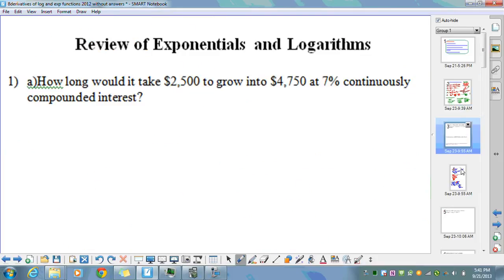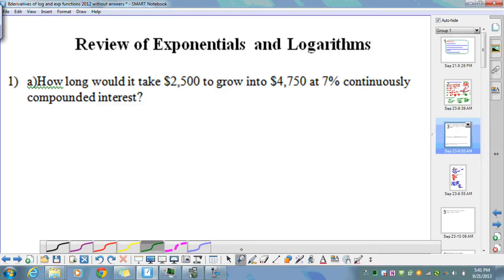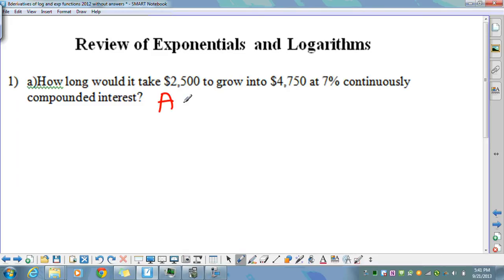How long would it take for $2,500 to grow into $4,750 at 7% continuous compound interest? And for this one, I need to remind you of a formula from algebra. Continuous compound interest was A equals P times e to the RT, or A equals PERT, as some students refer to it.